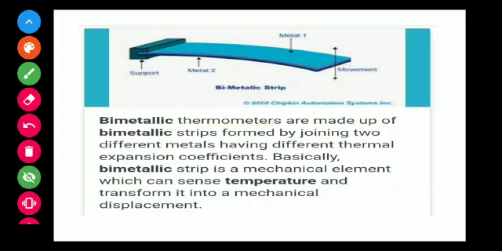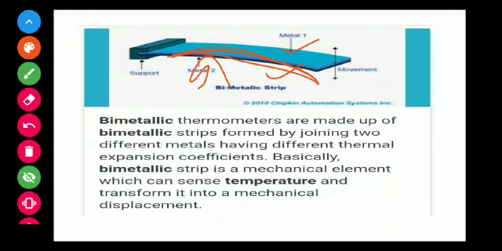There are two metal strips. This is your metal 1 strip and this is your metal 2 strip, and both metals have different expansion due to heat. This is the difference between the two metals: they have different thermal expansion. Thermal expansion means expansion due to heat, and when we supply heat, there is a bending of the metal.